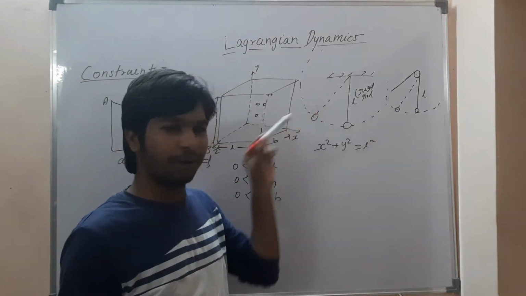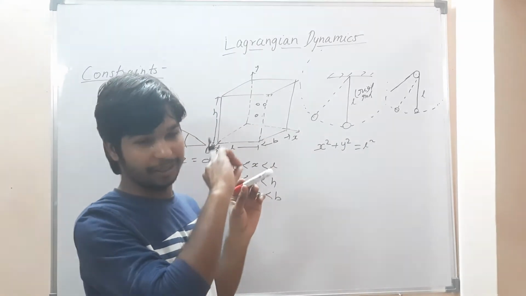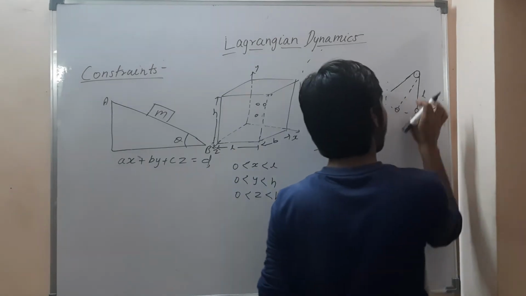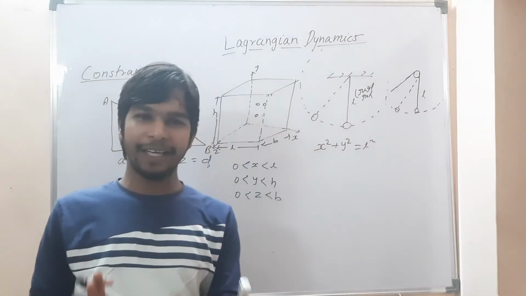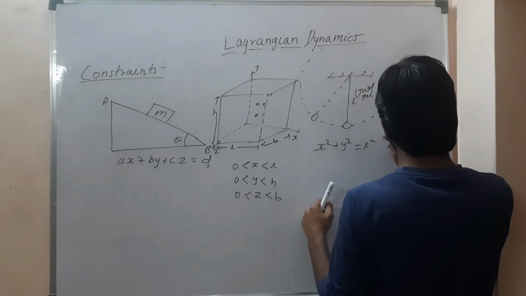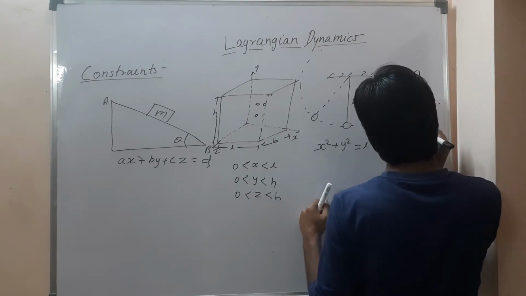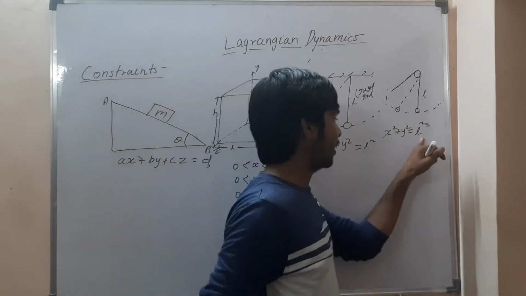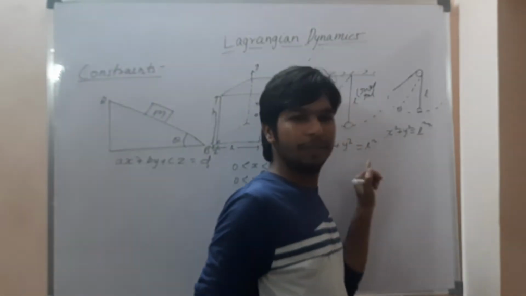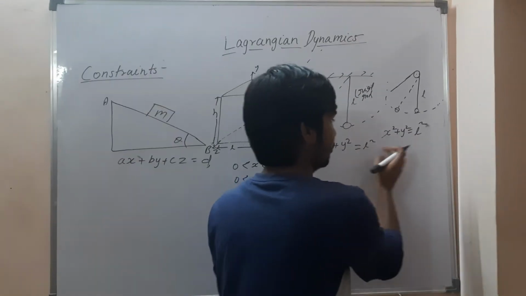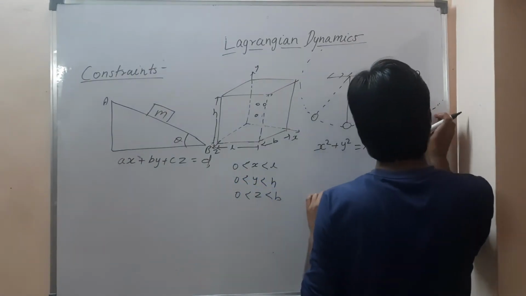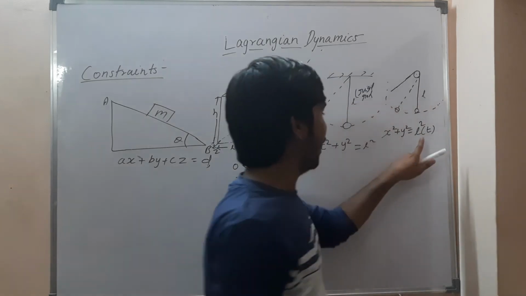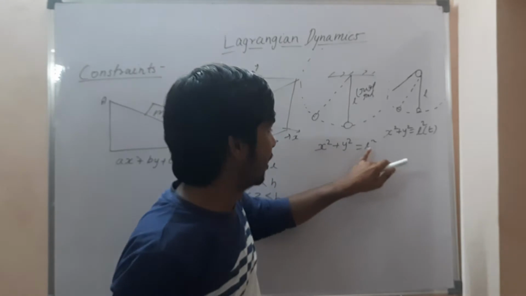If I am changing the length of that pendulum through the pulley, the length will be changing, but we can still write it as an equation. We can write x square plus y square is equal to L square, but this L and the earlier L are not the same. It changes according to time, so I can write it as a function of time. Here our L is changing according to time, but there L is not changing.